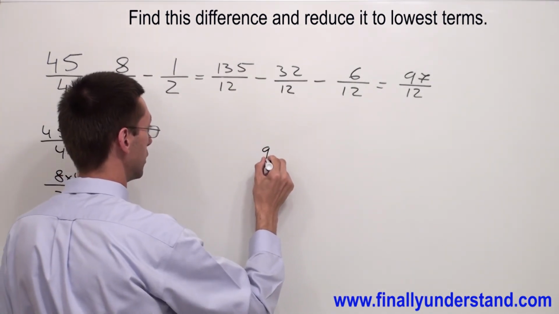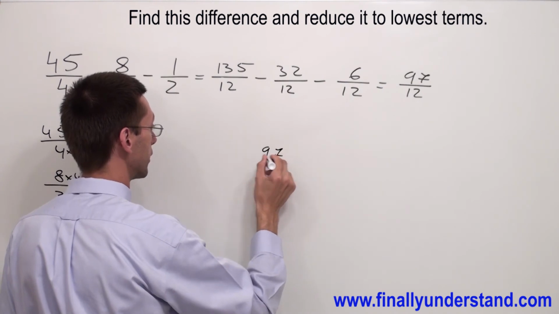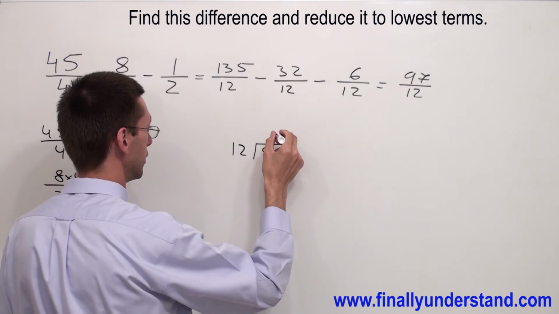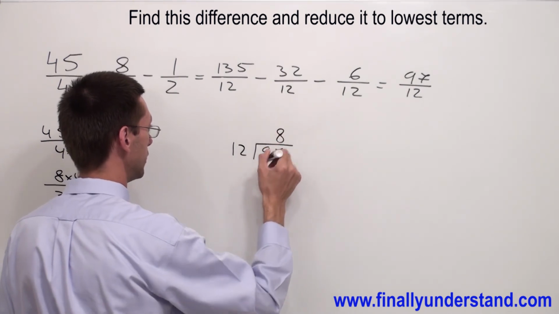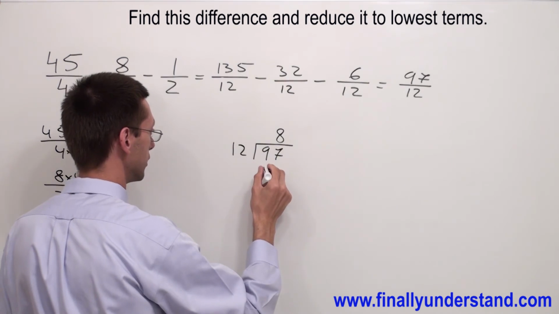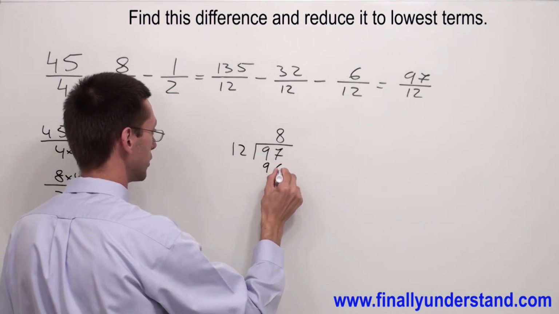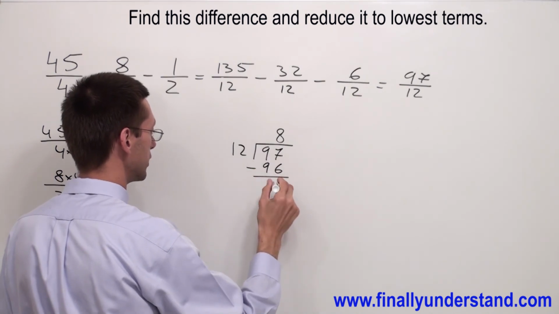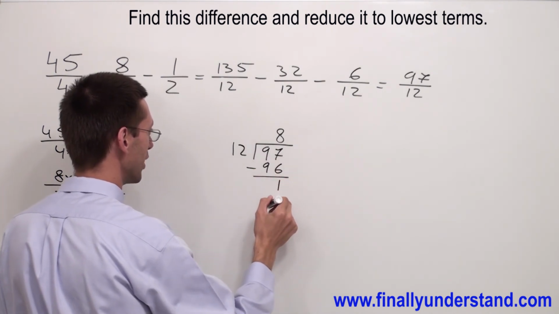So I have 97 divided by 12 is 8. 8 times 12 is 96. 97 minus 96 is 1.